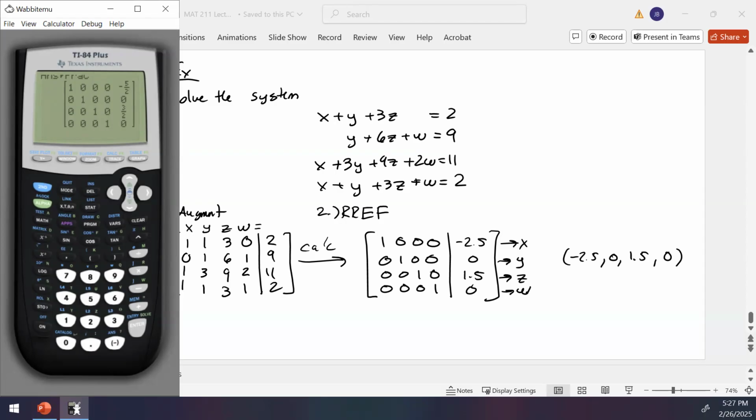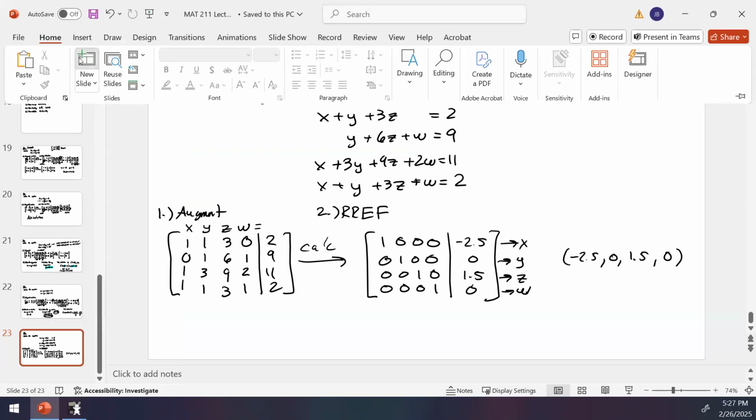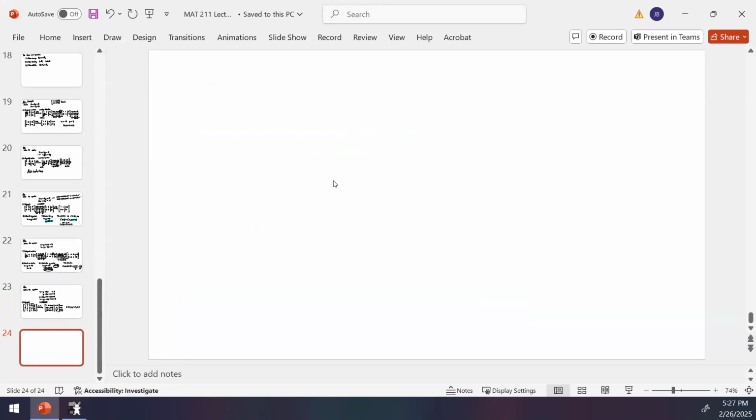Now, last type of problem they can give you, honestly, is rather than making you do all of that work, they say, you know what? I'm going to give you the answer. I'm going to do the RREF for you. You tell me the answer. So example, given the RREF, what is the solution?